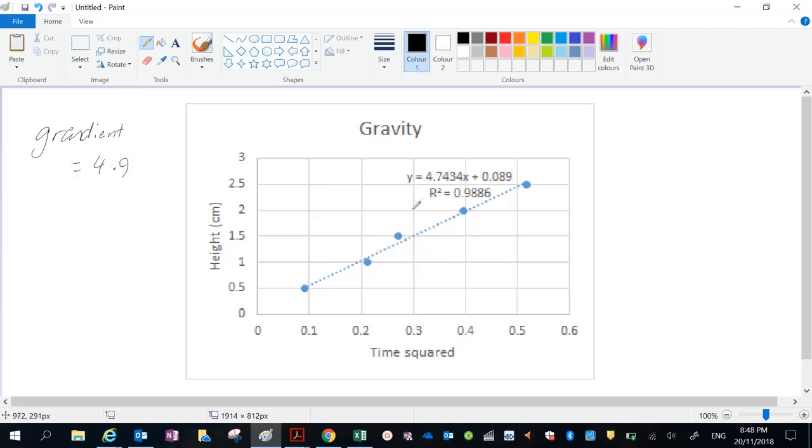So we could make this gradient bigger. For example, if this point was higher, or if this point was further to the left, that would make the gradient a bit steeper, wouldn't it?